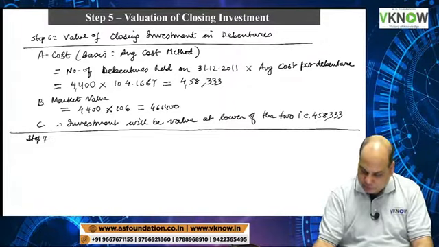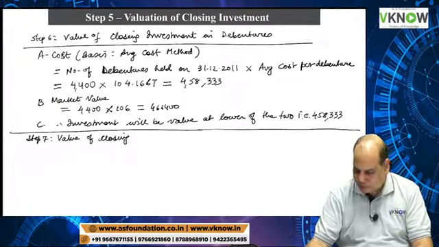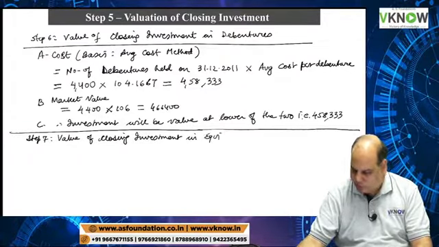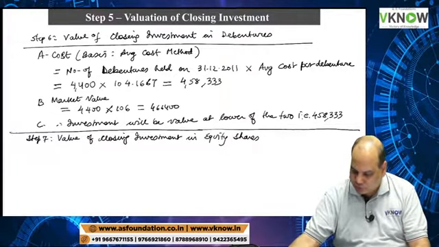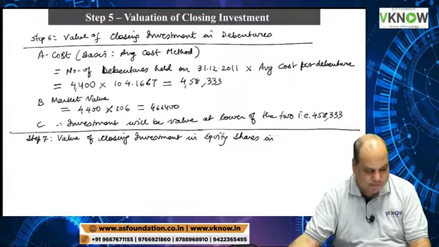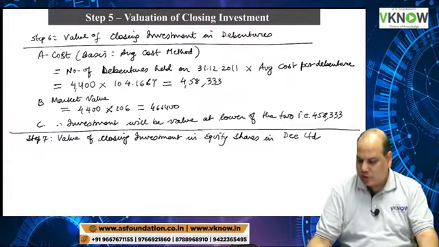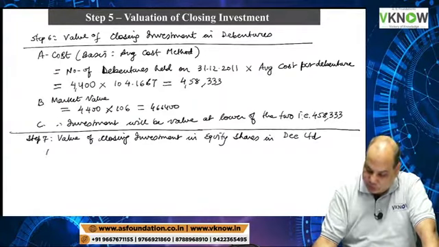Step number 7, value of closing investment in equity shares. Oh, we have got equity shares also. Closing investment in equity shares in D Limited. So first point A, cost.